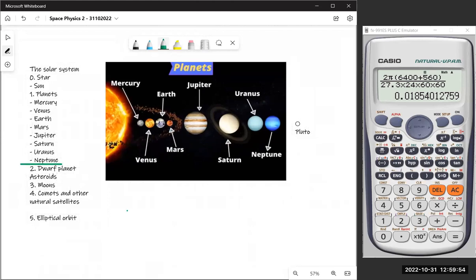What do you mean by dwarf planets? Yeah, that's what we're going to do now. So let's go here.